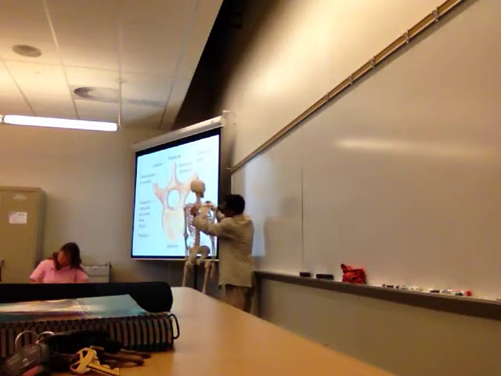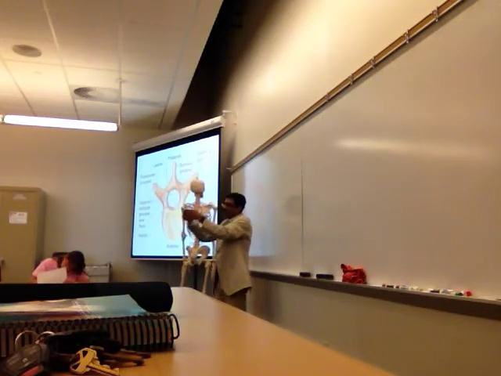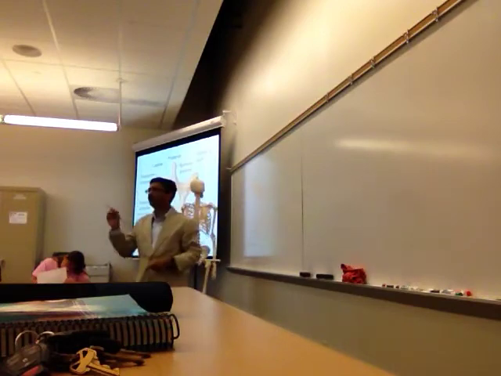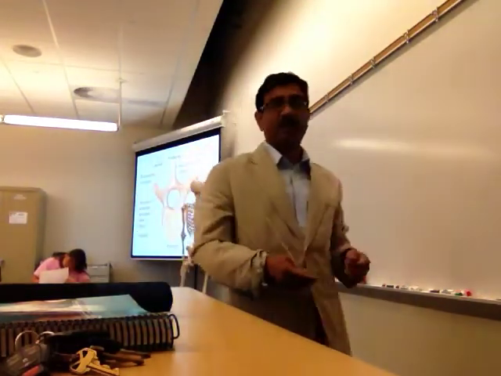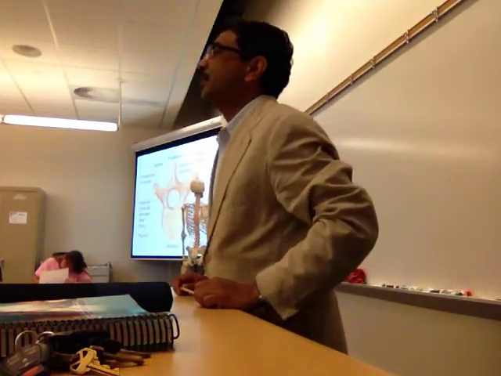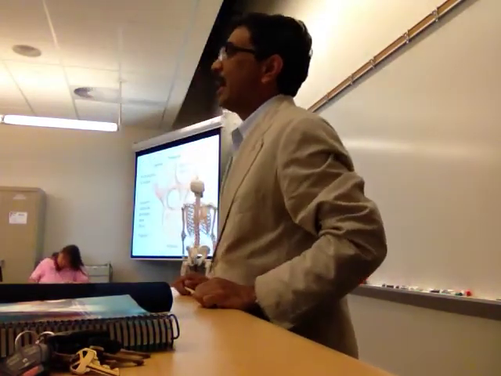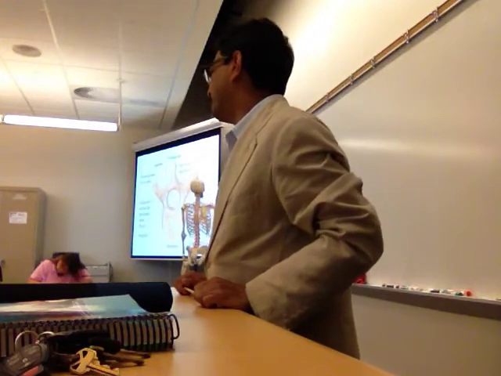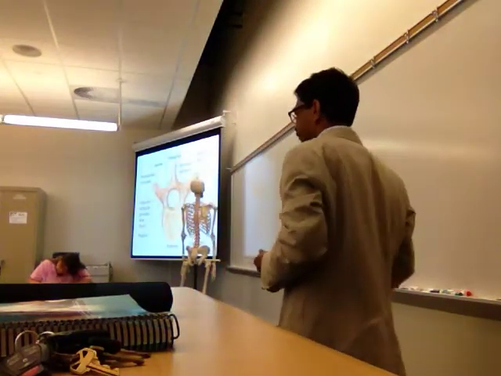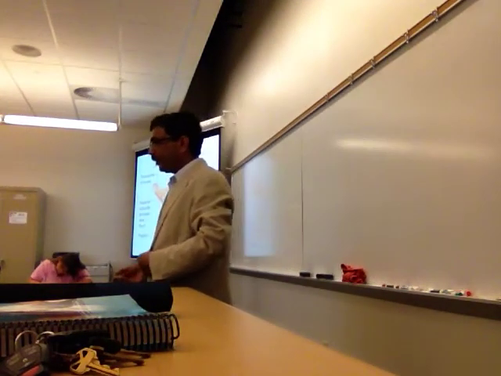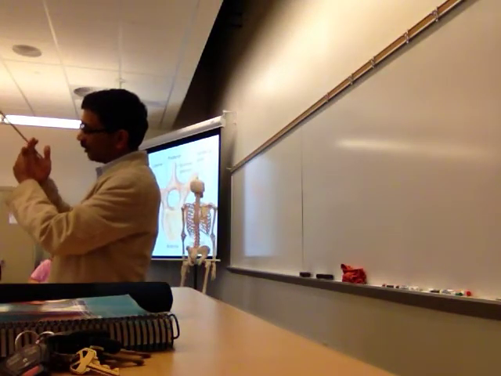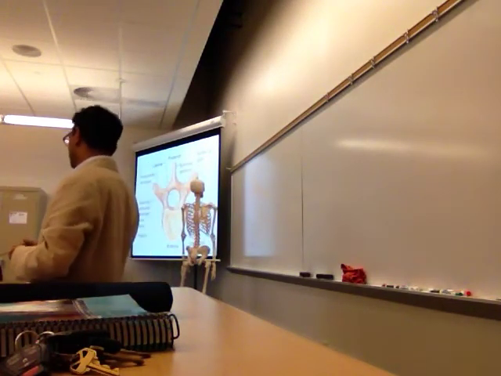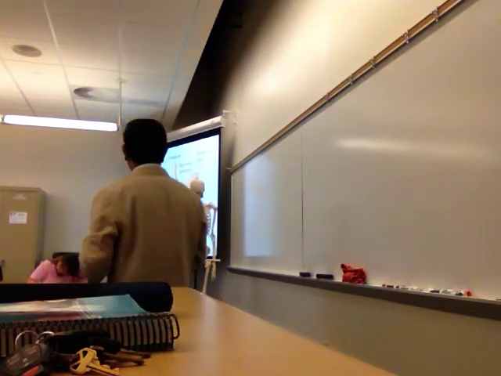So the ribs get articulated with the transverse process as well as at the side of the body of which vertebrae? Thoracic vertebrae only, because ribs are only present in the thoracic. So ribs get attached to the transverse process and the side of the body of the thoracic vertebrae. That's why you will see facets, flat articular surfaces, present in those two structures.